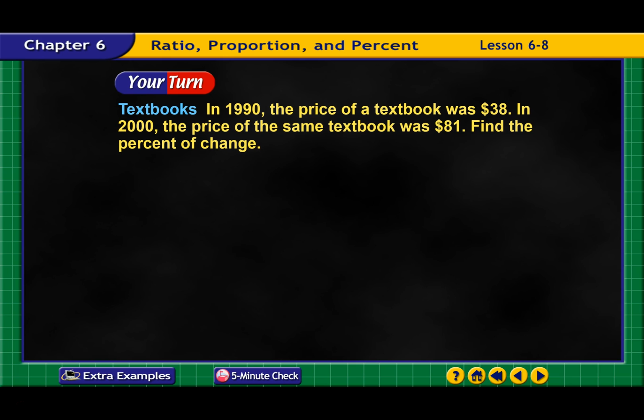And your turn, go. Wow, you can tell how old this book is. In 1990, the price of the textbook was 38. In 2000, it was 81. So find the percent of change. So I take my original, which is 38, and the new one is 81. So 81 minus 38 over 38.